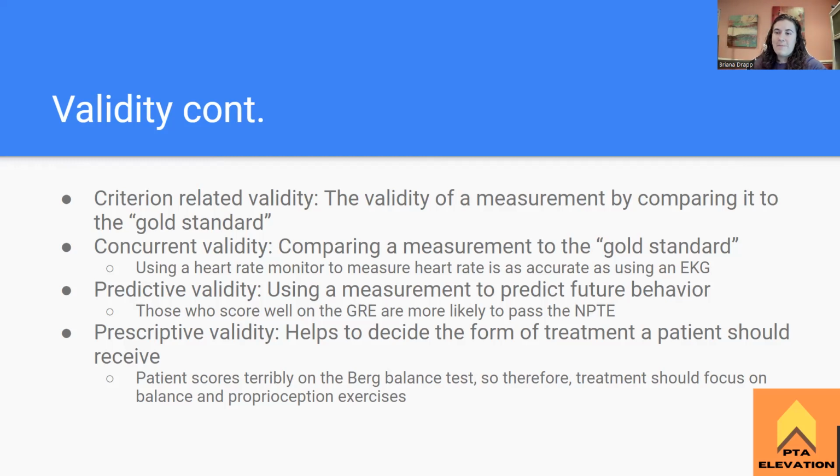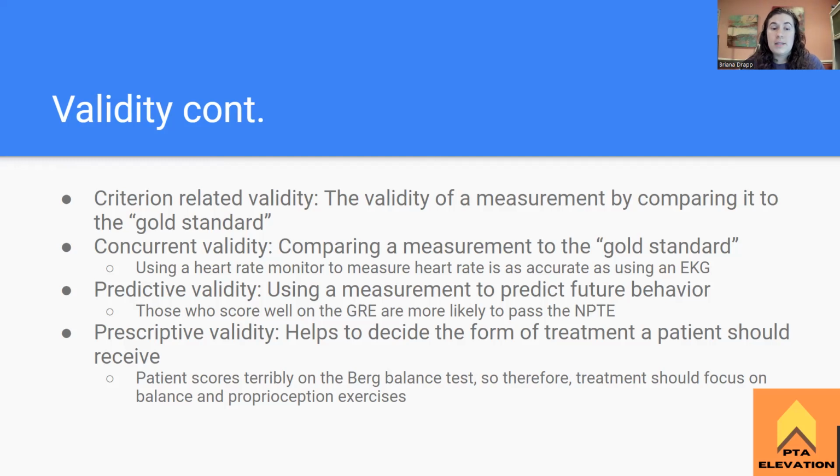And if I hooked myself up to an EKG, it should also read 95 beats per minute. Cool. That means my heart rate monitor is a valid way to measure my heart rate because it's measuring heart rate, which is what it's supposed to do. Awesome. So concurrent validity is the test that we're using to measure against the gold standard, which would be an EKG for heart rate.